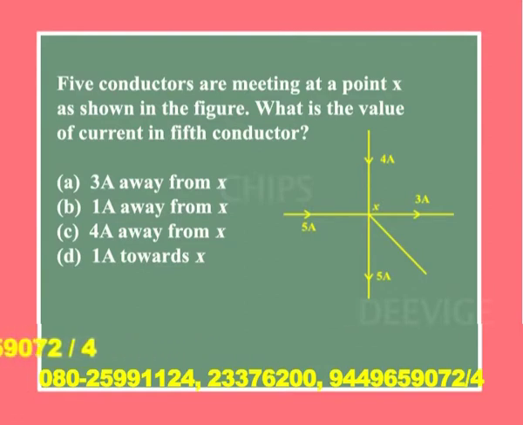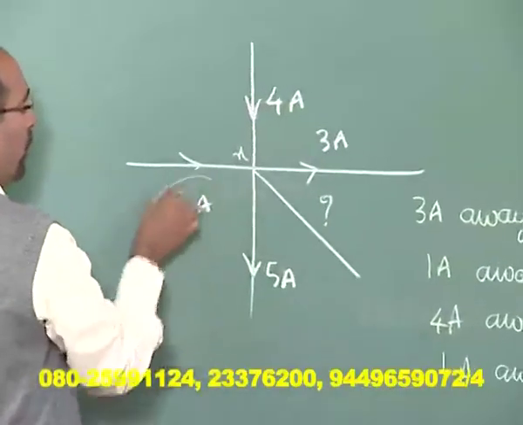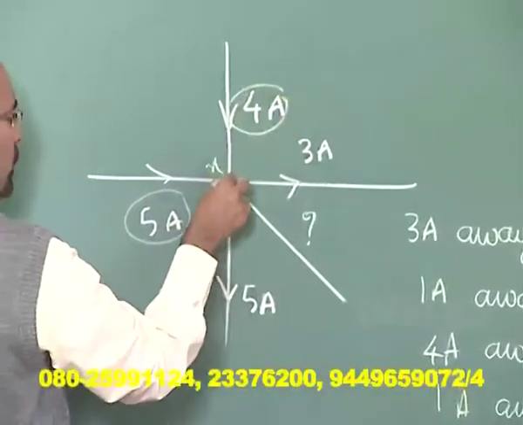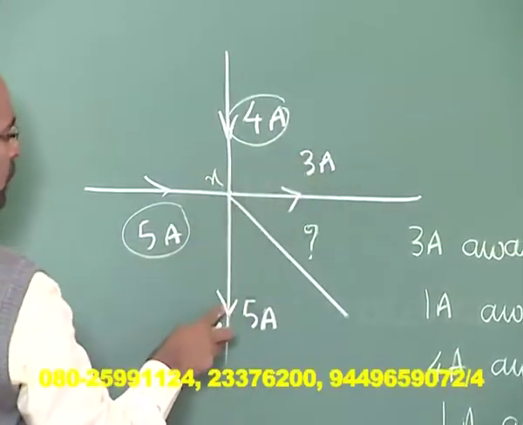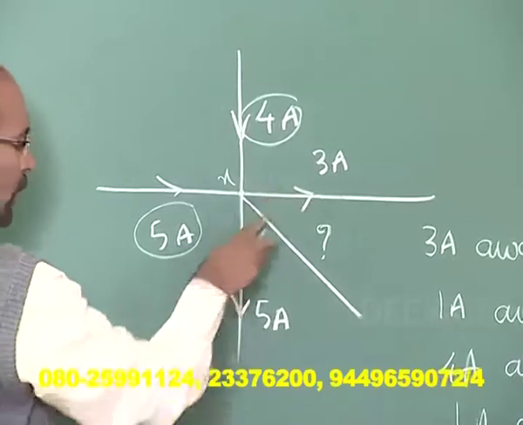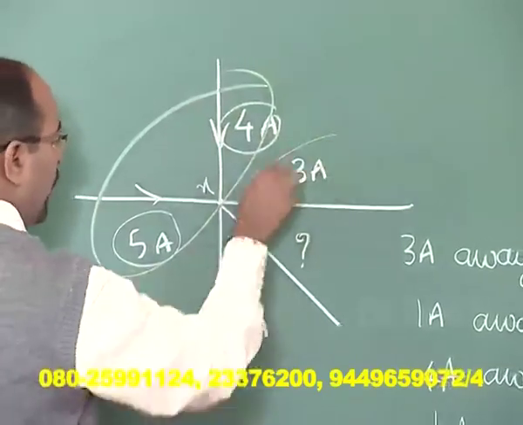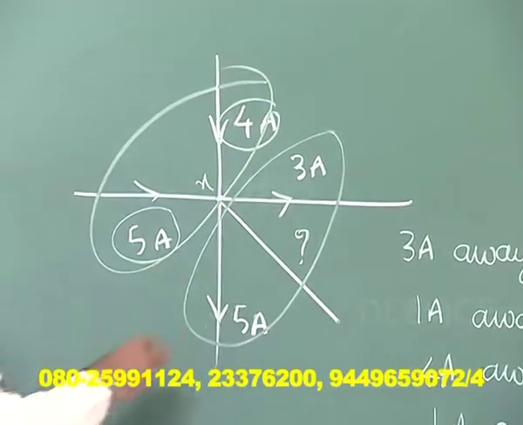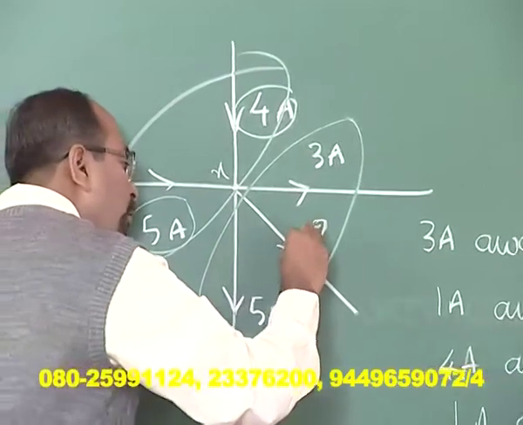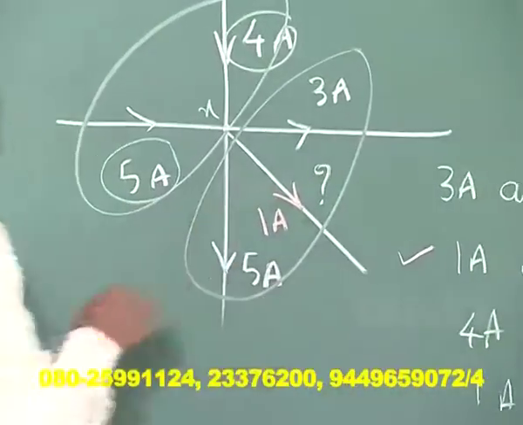Observe carefully, this is based on Kirchhoff current law, that is 4 ampere plus 5 amperes is 9 amperes coming inside this junction or node, and 3 ampere plus 5 ampere, 8 amperes is going out because you can see the direction. 9 is coming in, 8 is going out, therefore 1 more ampere should be available and it should go out and it should be away from it, therefore it is 1 ampere away, therefore option B is correct.